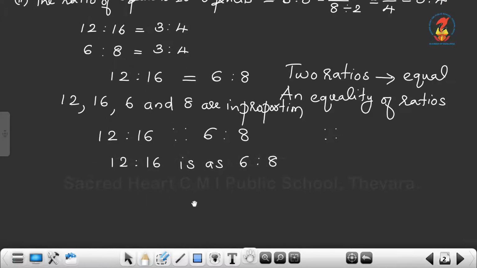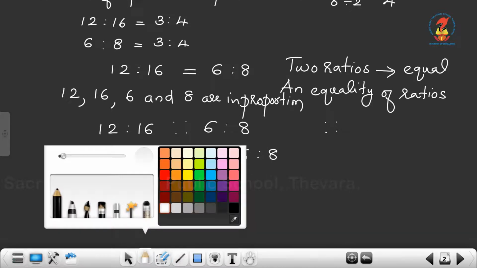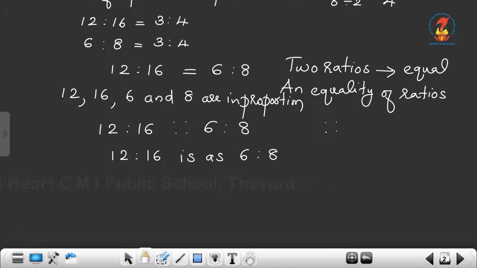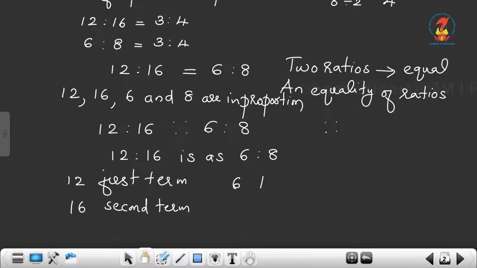Now look here. Here we have four quantities, or we can say four terms. 12 is the first term, 16 the second term, 6 the third term, and 8 the fourth term.